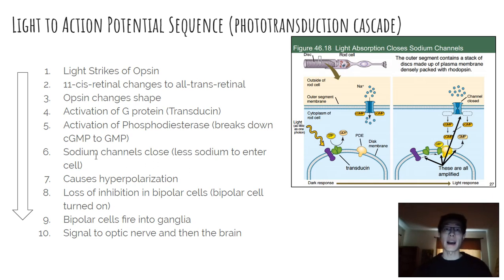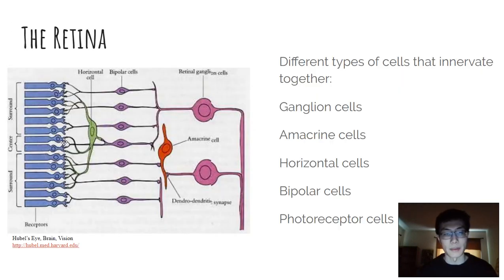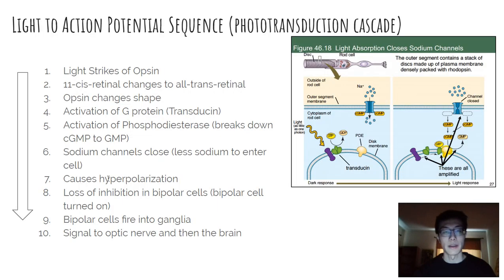Once the rod cell is hyperpolarized, it is no longer able to inhibit the bipolar cell. So remember, if you think back, you have our photoreceptors and then we have our bipolar cells over here. Normally, the bipolar cells are inhibited, but when light strikes the photoreceptors, the bipolar cells are no longer inhibited. So we lose the inhibition on the bipolar cells. When that happens, the bipolar cell is turned on.